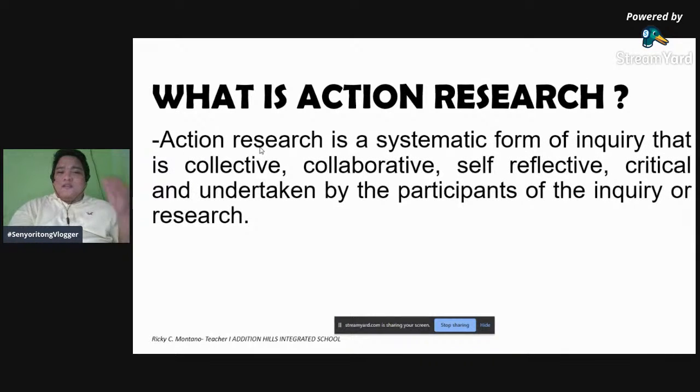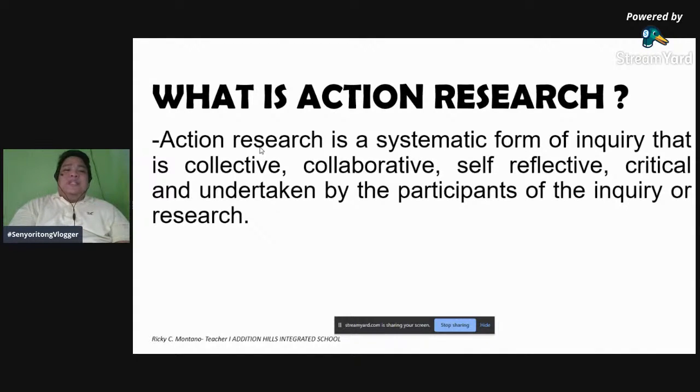Another definition: action research is a systematic form of inquiry that is collective, collaborative, self-reflective, critical, and undertaken by the participants of the inquiry or research. In this definition, it is stated that when you do an action research, you must follow a certain process. You cannot do it alone for sure.